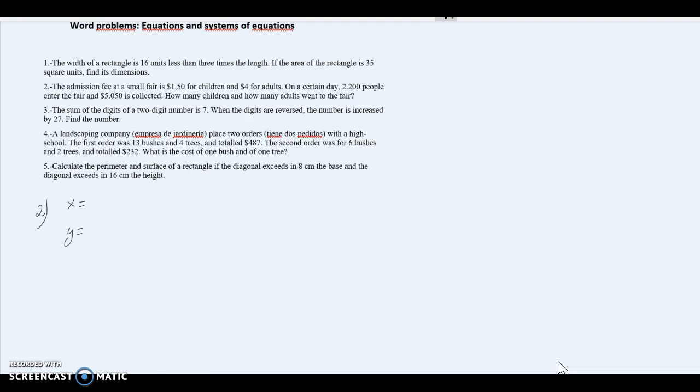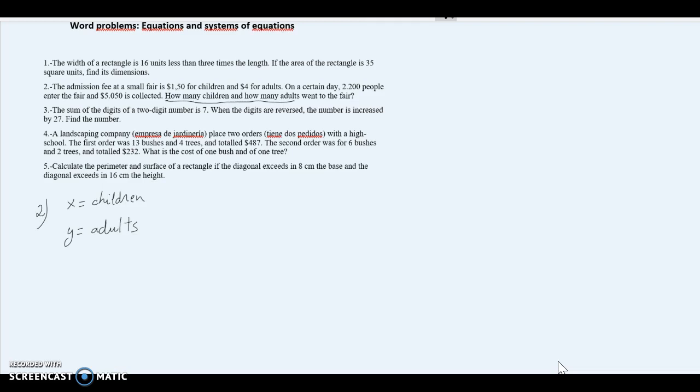Well, x can be the number of children, and y can be adults, obviously. If you are not sure about that, you only have to read the question, how many children and how many adults went to the fair.